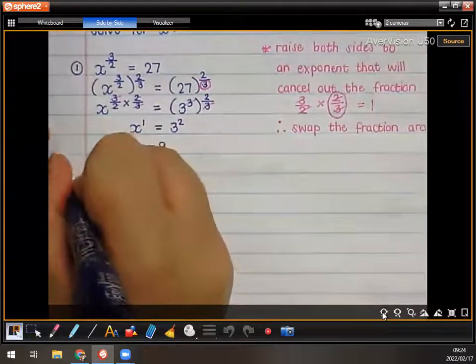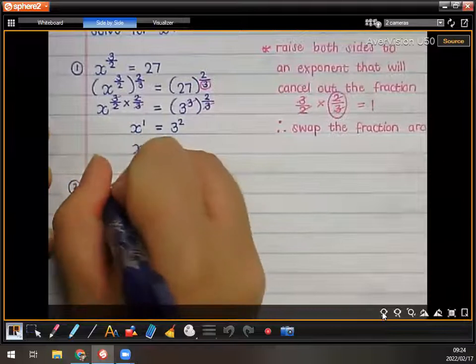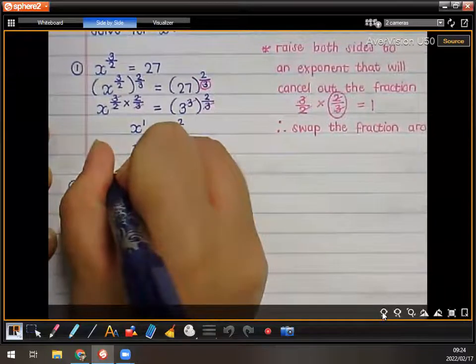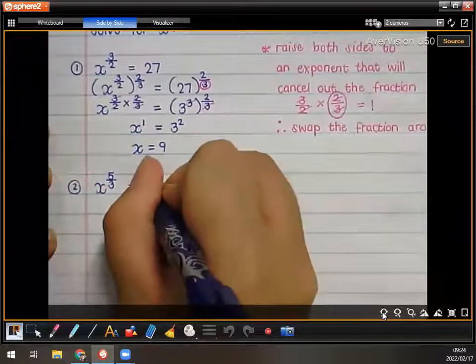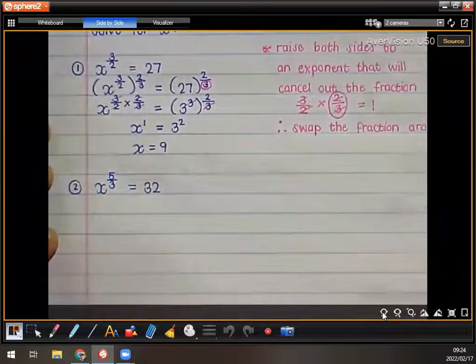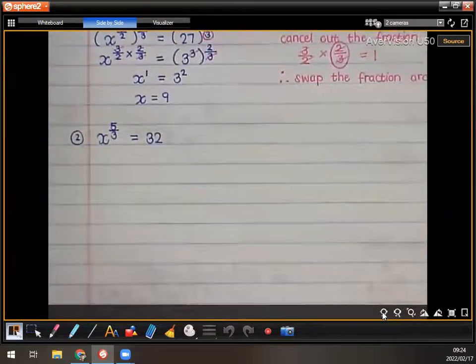So the next one: x to the power of 5 over 3. So guys, you need to recognize, my exponent is now a fraction.